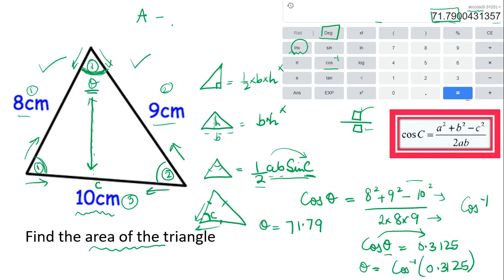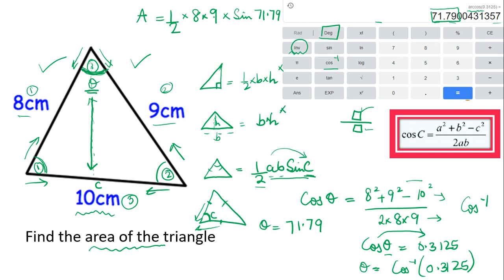So area equals half times my a, that I could take either as 8 or 9, whatever you wish. And I'm just taking half times 8 times 9, and then times sine of the angle, and I've got my angle or the theta as 71.79.